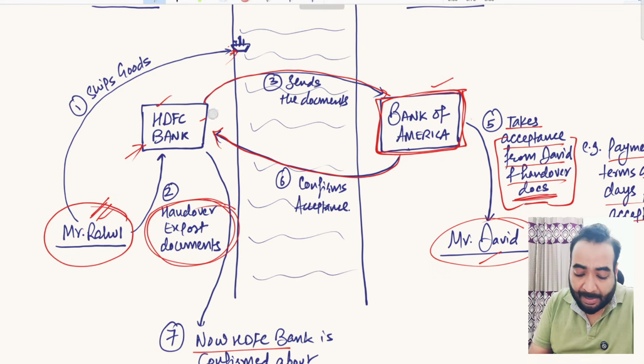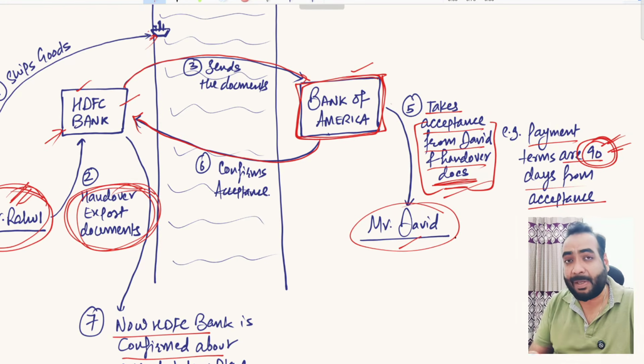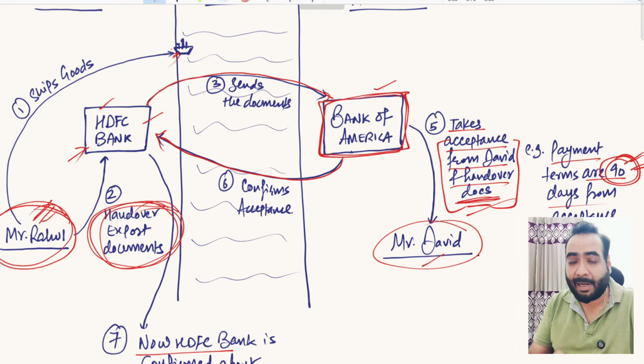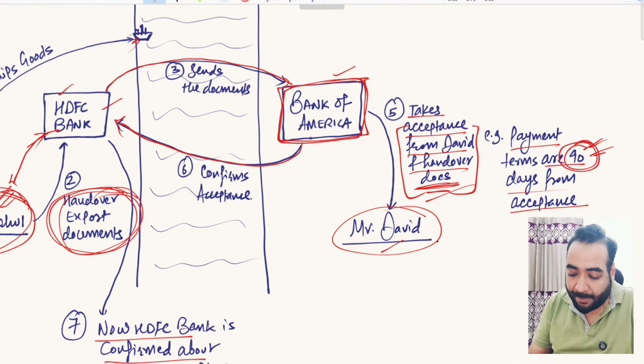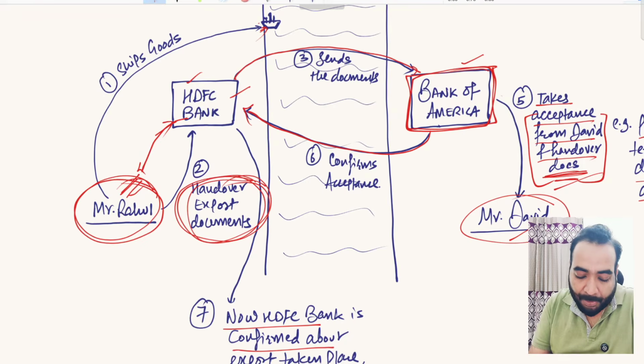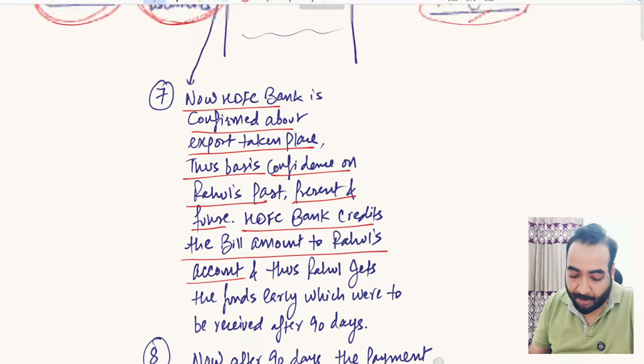But since HDFC Bank is confident on Rahul and has checked that this transaction has taken place and it is accepted by David, HDFC Bank on that confidence will give that amount to Rahul now only. It will credit the amount to Rahul's account. And after 90 days, when David makes the payment, that payment will be used to knock off the amount lent by HDFC Bank.